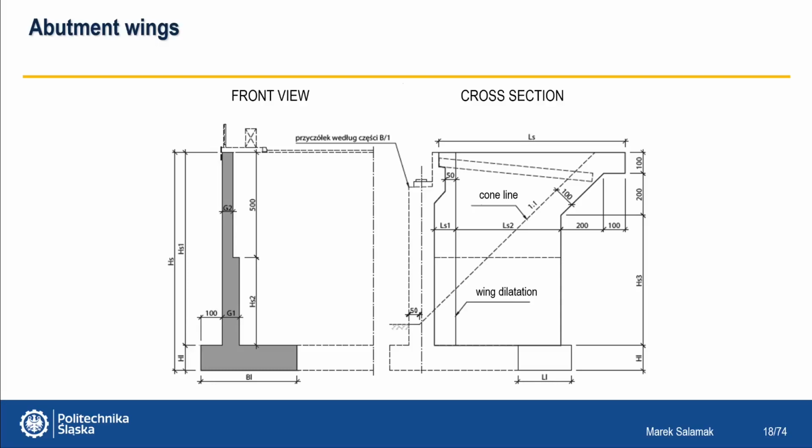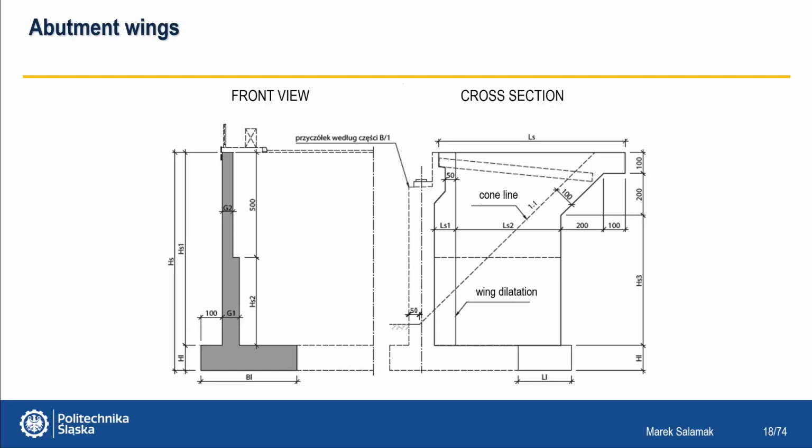A few examples of wings. First, the large dilated wing. It is so large that it requires support on its own foundation. A dashed diagonal line indicates the outline of the fill cone, the embankment. Below this line, the wing structure is simply covered by the soil.